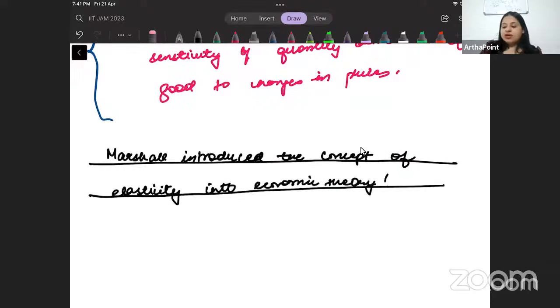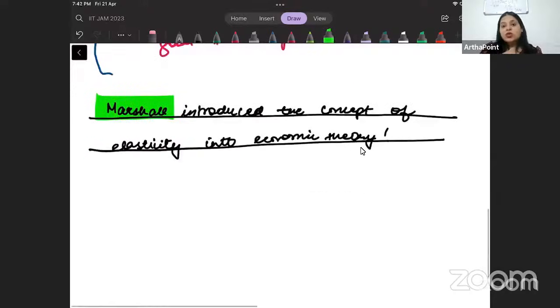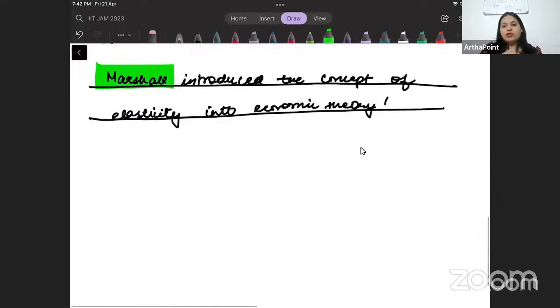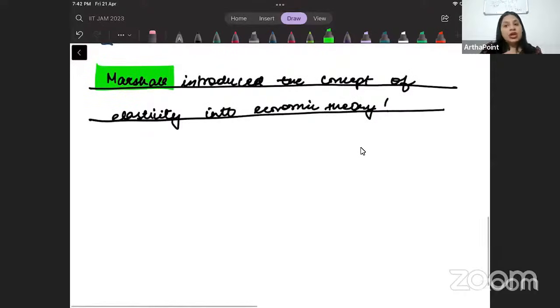We have to remember the name of the economist. As I have been highlighting, one very important aspect of this entrance exam is that they will ask you the name of the economist. So you have to remember that Marshall introduced the concept of elasticity in economic theory.